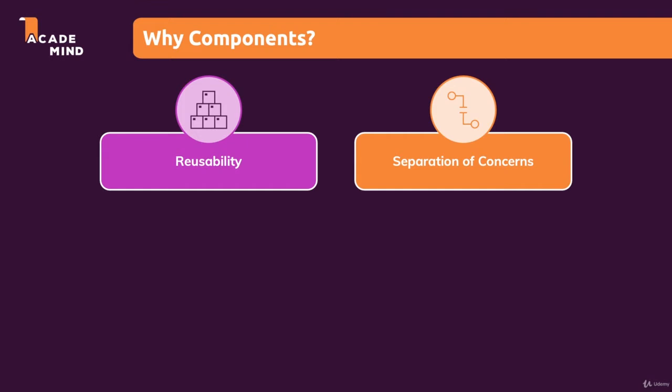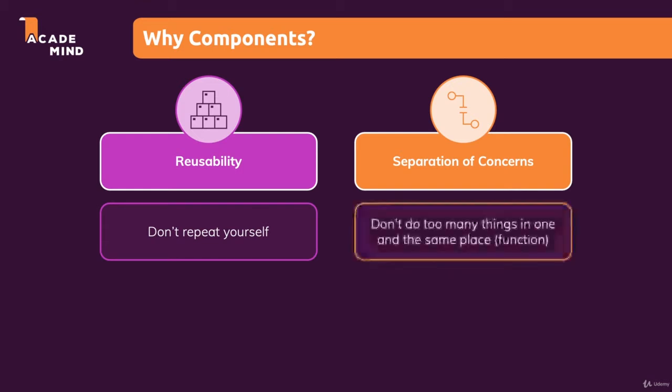Having reusable building blocks helps us avoid repetition. And in programming in general, it is good if we don't repeat ourselves. Having a separation of concerns helps us with keeping our code base small and manageable.